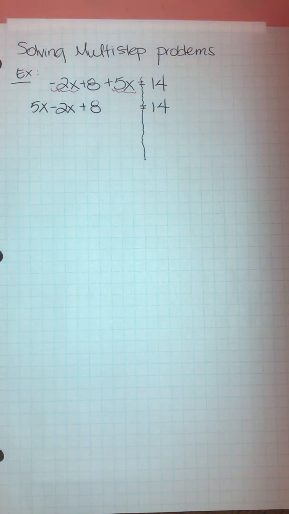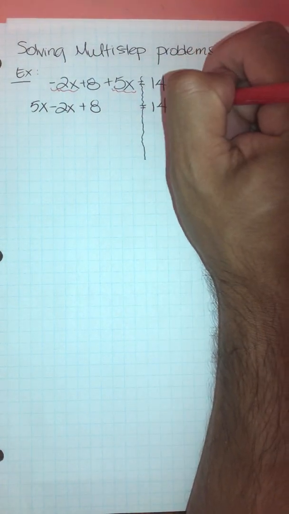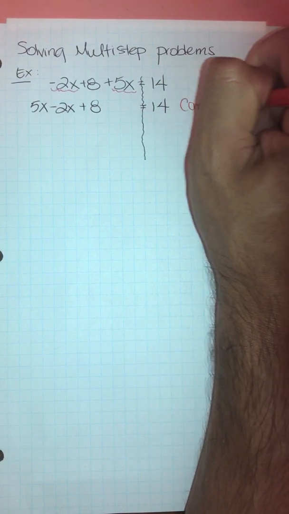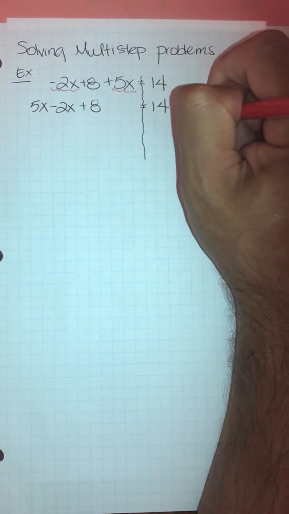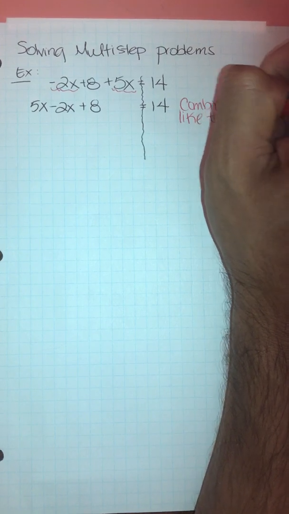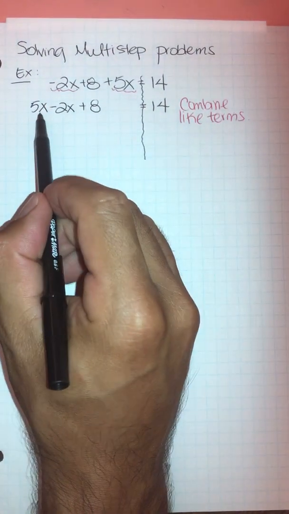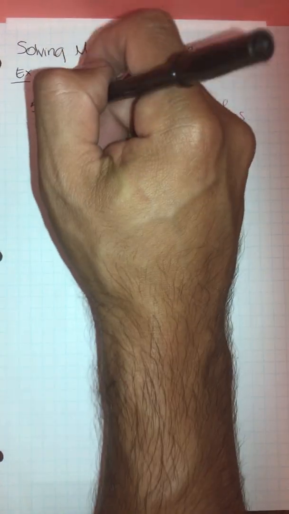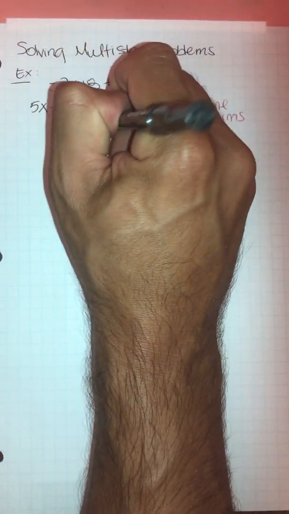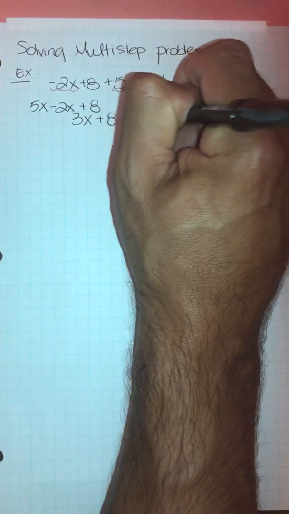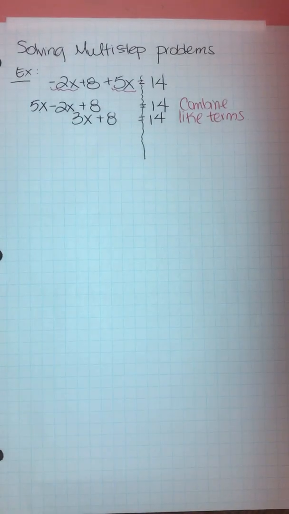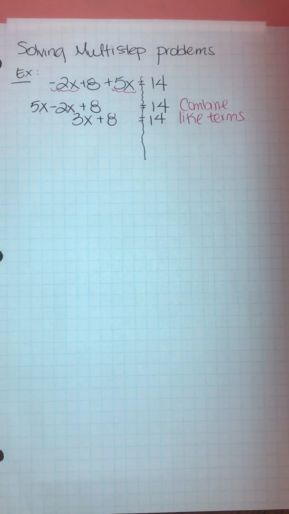Now we're going to go ahead and combine like terms. 5x minus 2x is 3x plus 8 equals 14. And from here on, ladies and gentlemen, it becomes very similar to the other one.